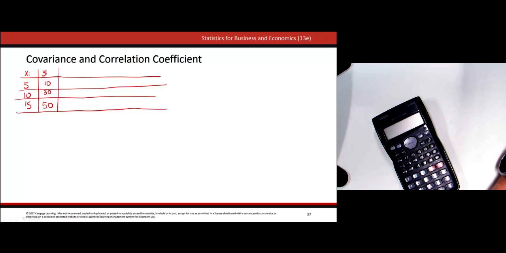First we have to calculate the x bar, which is the sum of xi over n. Here these are the paired values, so n is 3, the sample size is 3. Then x bar is 10.